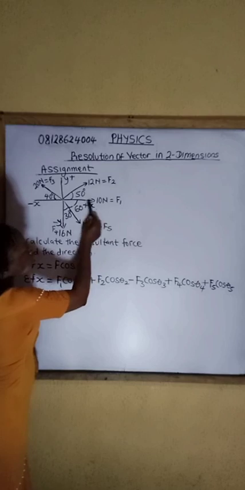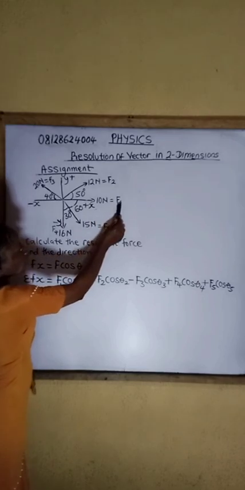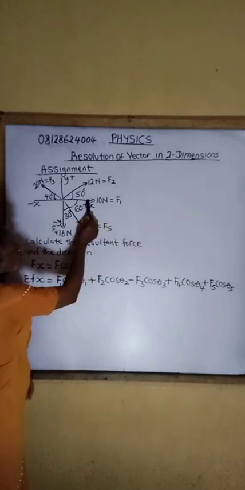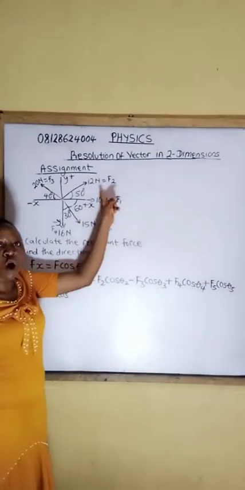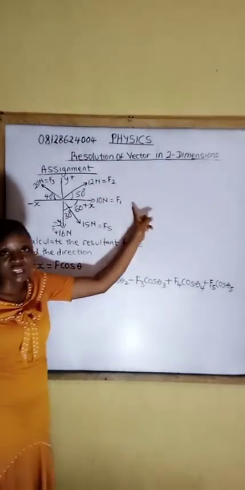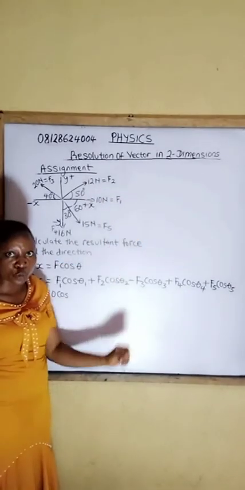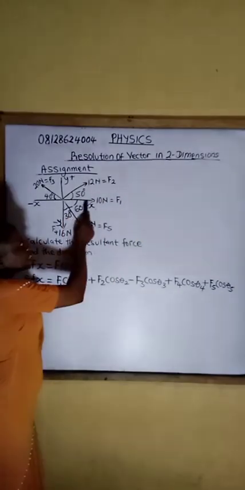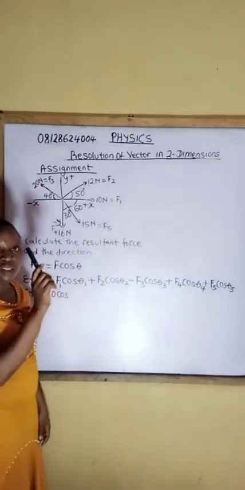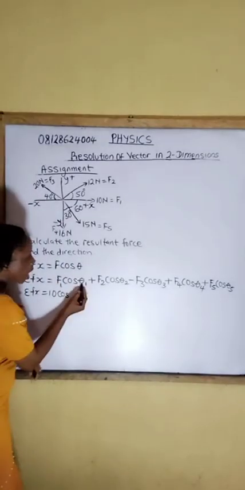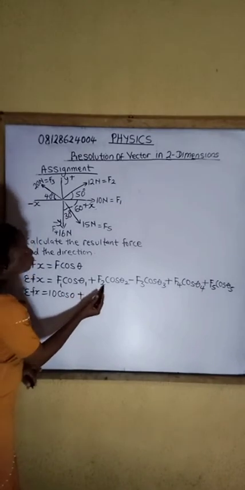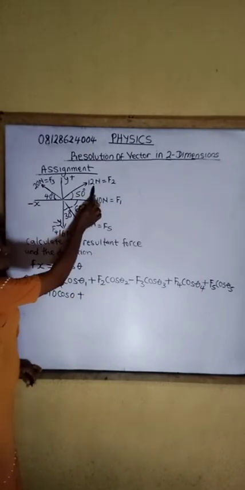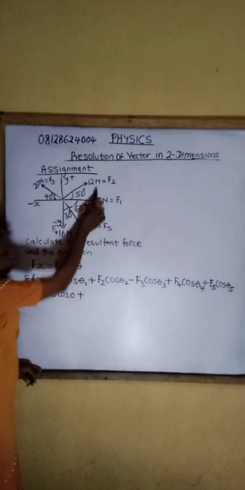There is no angle theta on this horizontal line. The angle of inclination on a horizontal line is 0. So our angle theta equal to 0. Then plus F2. What is F2? F2 equal to 12 Newton.